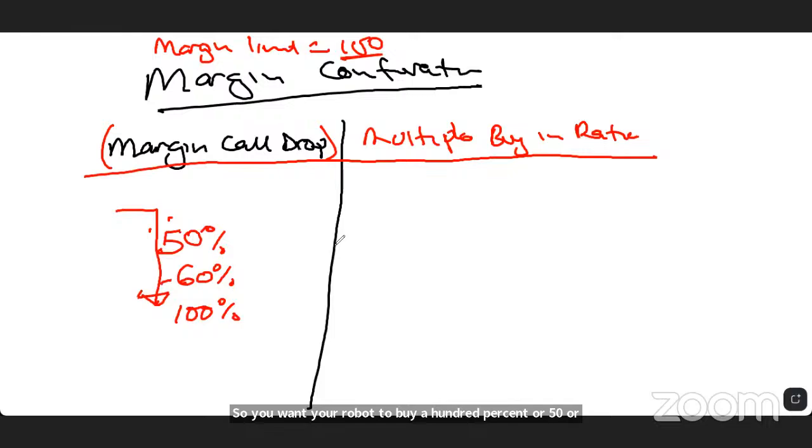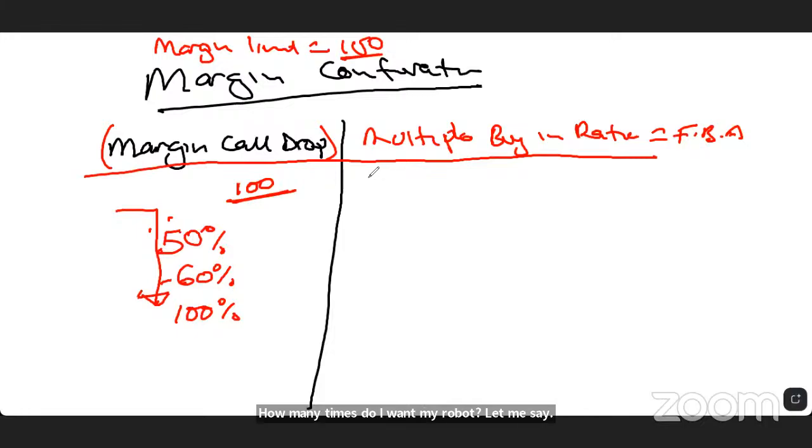Then the multiple buy-in ratio is the amount of money depending on your first buy-in amount. For example, if my first buy-in amount is 100, how many times do I want my robot to put in money?